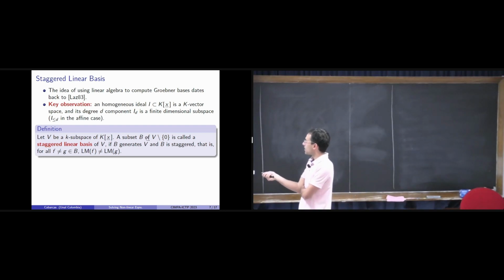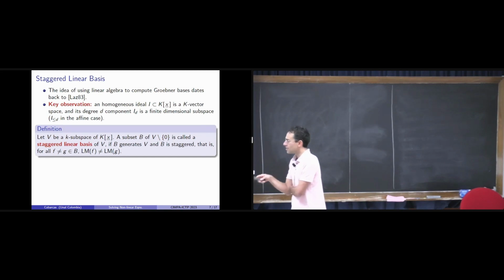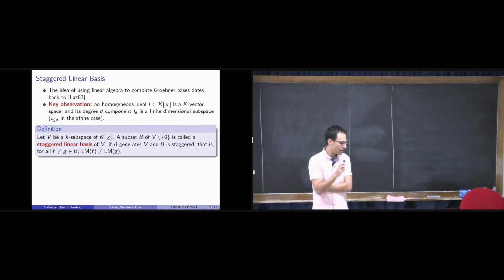A subset B of V is called a staggered linear basis if B generates the subspace V and B is staggered, which means that all the leading monomials of the elements in B are different. Different elements have different leading monomials.